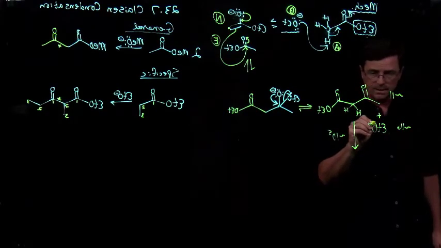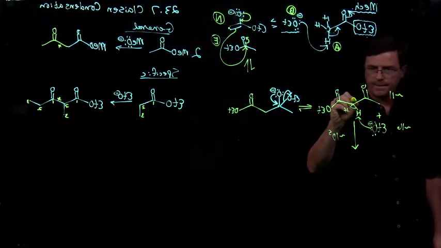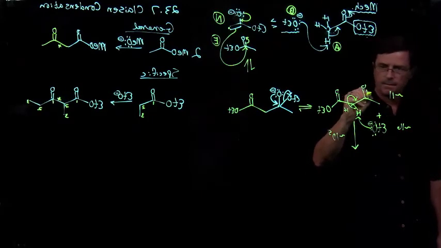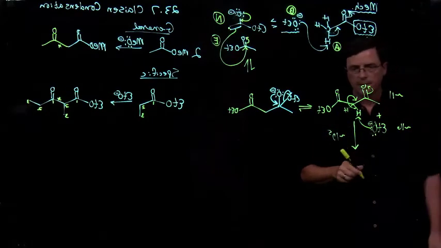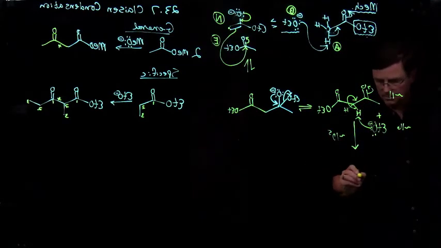So the ethoxide deprotonates that acidic hydrogen that is alpha to the ester and alpha to the ketone.